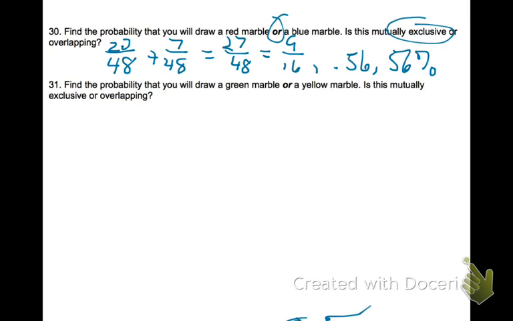Finally, number 31. Find the probability that you will draw a green marble or yellow. Is it mutually exclusive or overlapping? So we can't have a marble that's both green and yellow, so those are exclusive events. We've got, let's see, 12 green marbles. We'll add that to our chances for a yellow marble, which is 9.